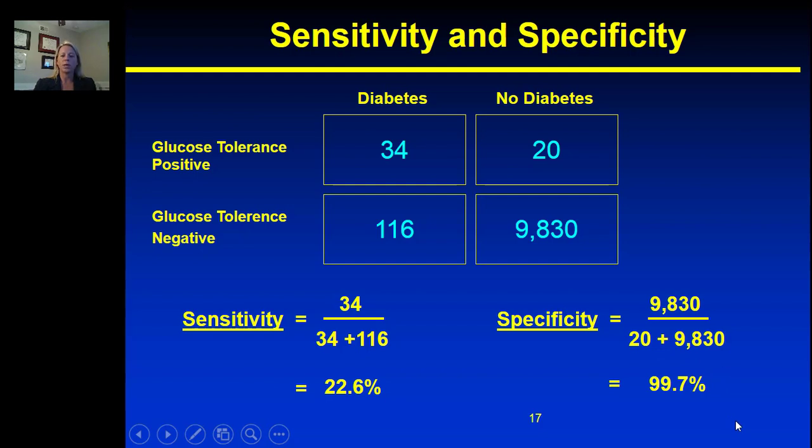So in this example, we can conclude that this particular approach to screening for diabetes is highly specific in that it has a great ability to correctly identify persons who do not have diabetes. However, it's poorly sensitive, so it's not strong in correctly identifying persons who have the disease.